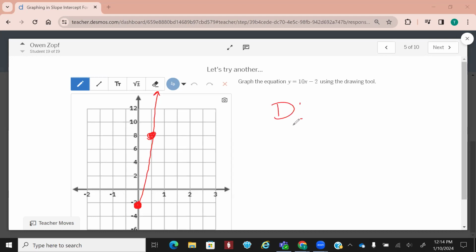What is the domain of this one? If we start from here, what is the domain? So our farthest left x value. Not -2, that's our y. What's our x value?